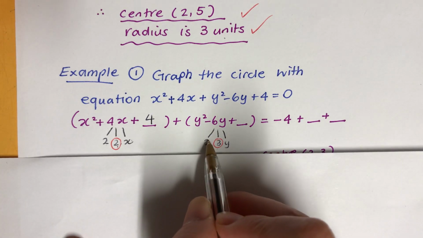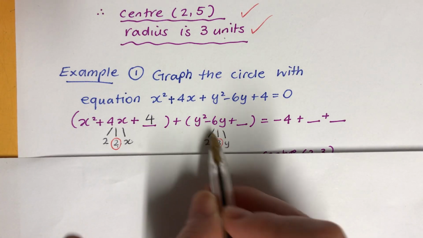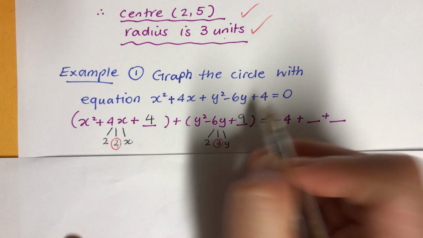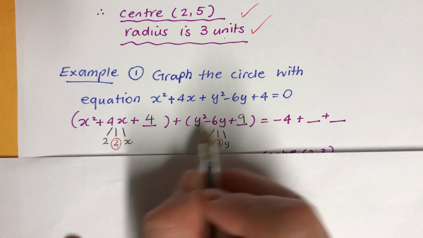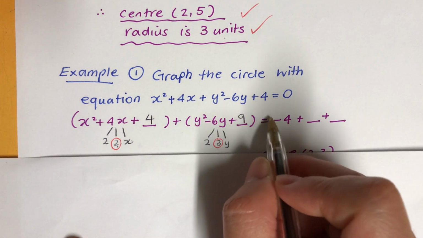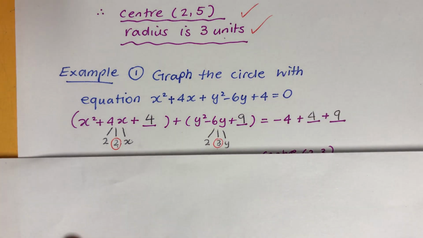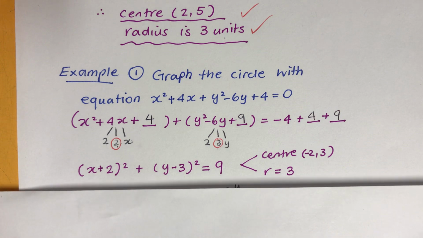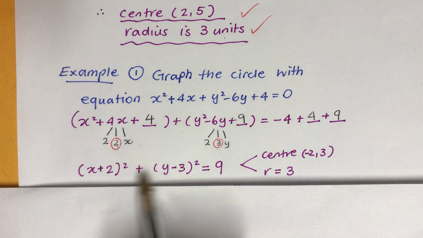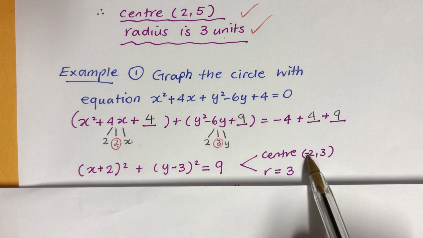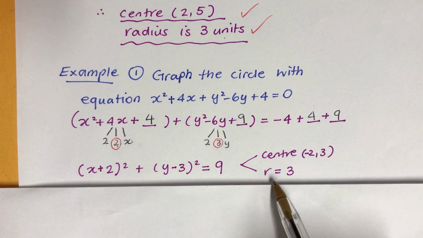And this one is 2 times y times 3, so it'll be 3 squared, 9. When I add this here on the left hand side to balance it up, I've got to do the same thing on the other. Okay, and then when I do that, I will get this. Now this is a circle with center minus 2 and 3 and radius 3.